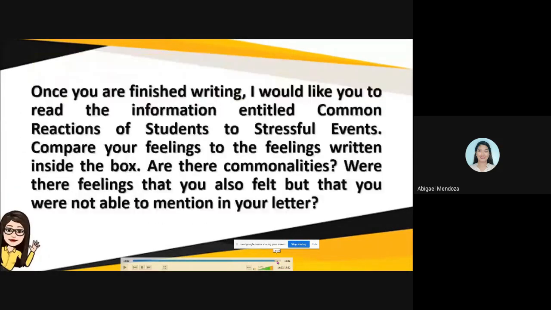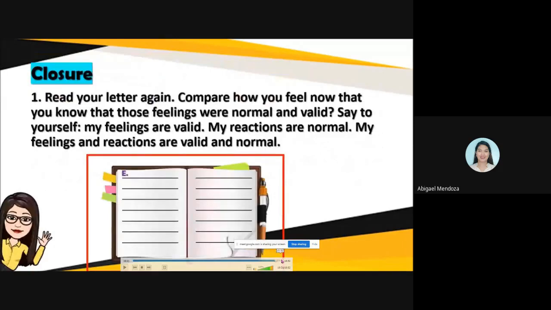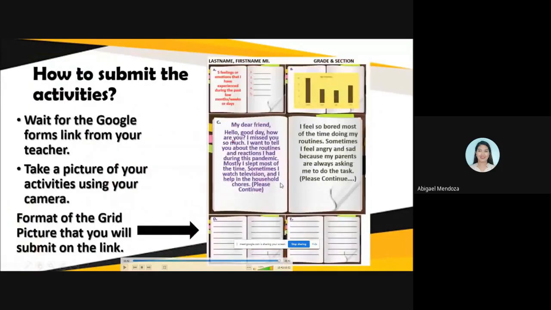Okay, so may question kayo sa module 1? Wala, ma'am. Okay naman sa inyo. Okay na? O, module 2 tayo. Maikli lang to. Mas maikli itong module 2. Hanggang 5 yan. Ready, ma'am?